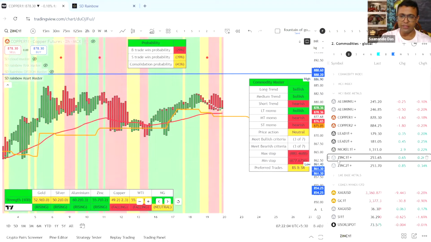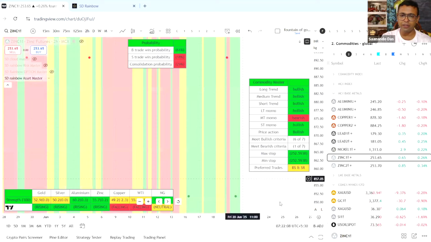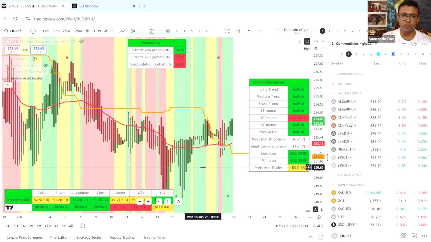Next I'll look at zinc. For base metals, as LME ka chart is not available, it's better to watch the MCX chart.